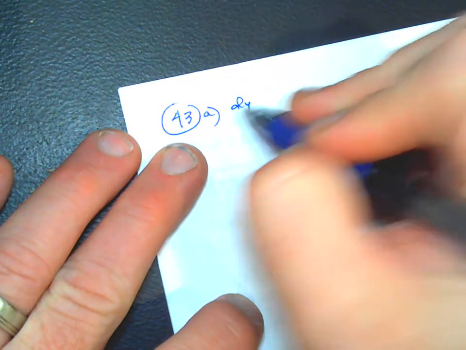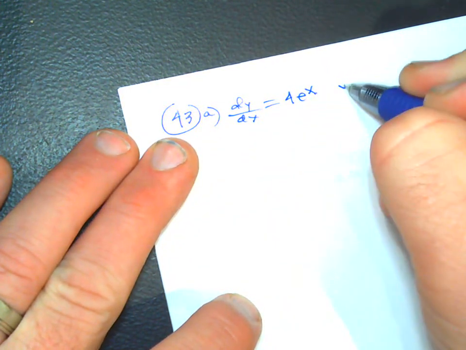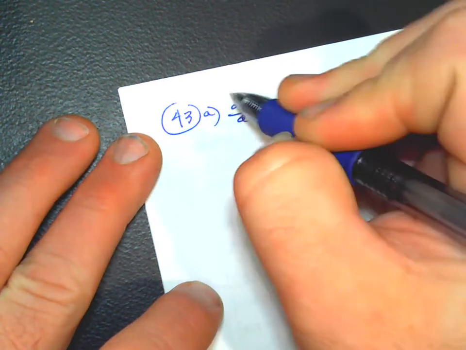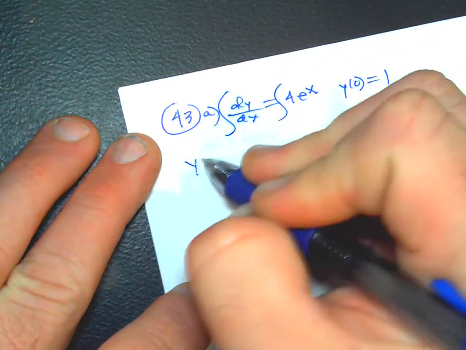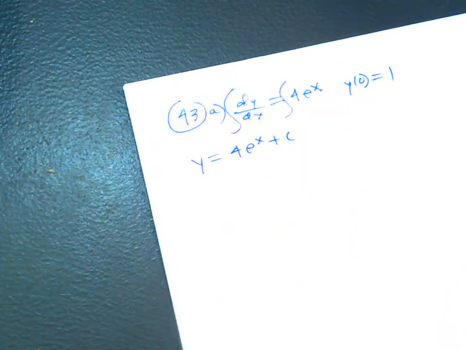43, part A is dy/dx equals 4e to the x, and y of 0 equals 1. So we're going to integrate both sides to get y. Now that's going to be 4e to the x plus C. That's an easy one.